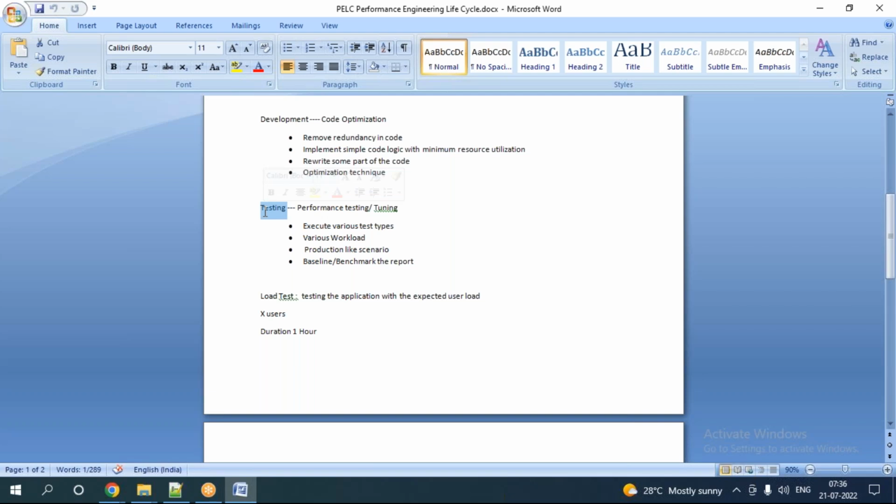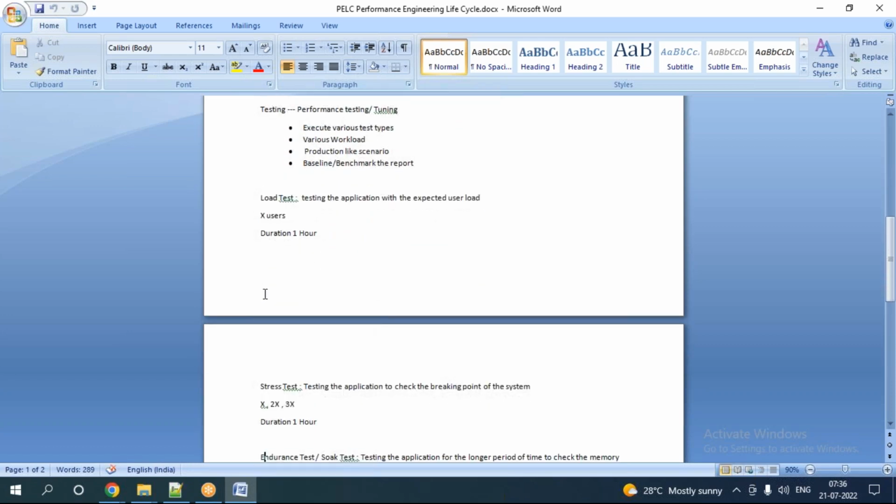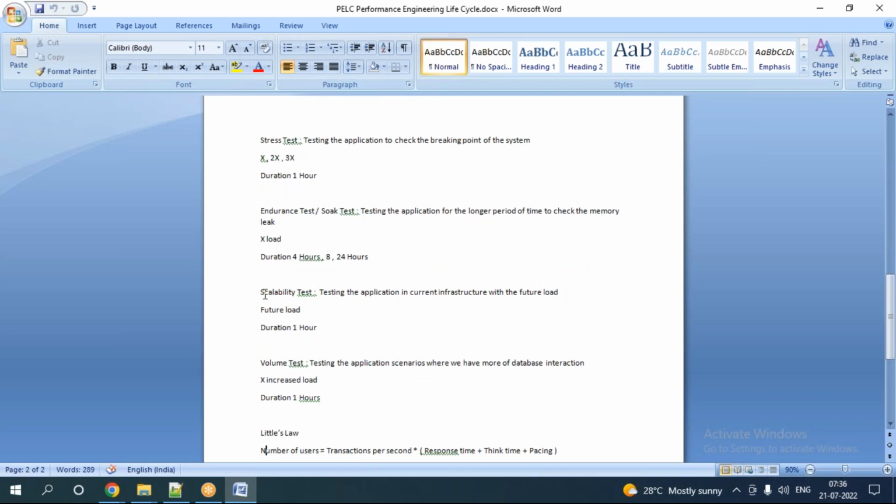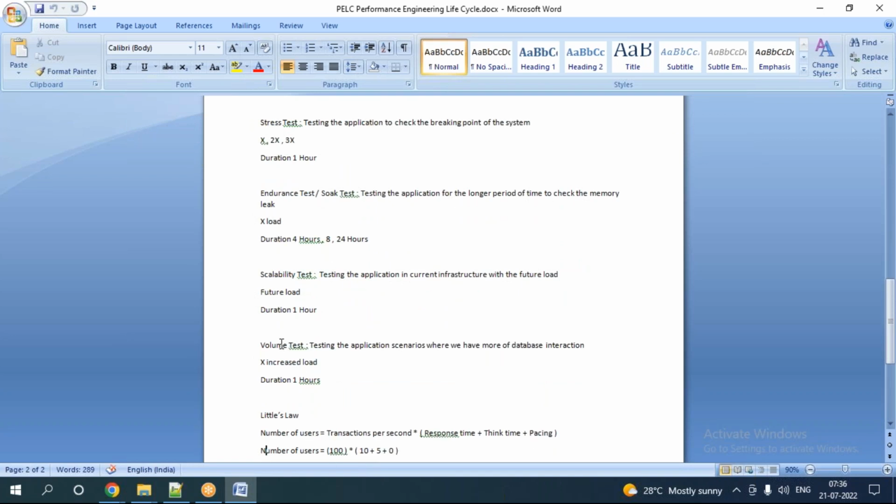I mentioned load test, stress test, endurance test, scalability test, volume test. Actually, a lot more test types exist, but these are the frequently used ones. Even so, nowadays nobody is doing all of them. Mostly people are only doing load testing.